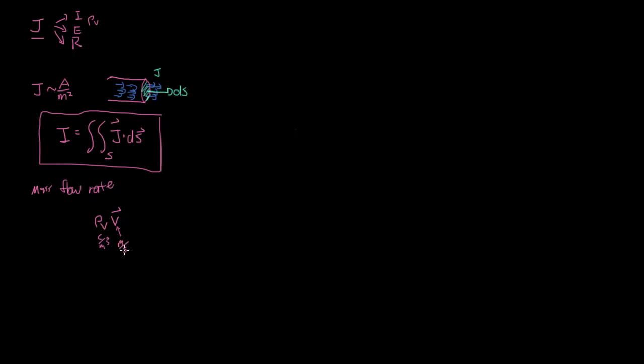This will be in meters per second. In the end, if you do the unit analysis, you will get coulombs per second, which is amperes per meter squared. So that is also another definition of current density to keep in mind.